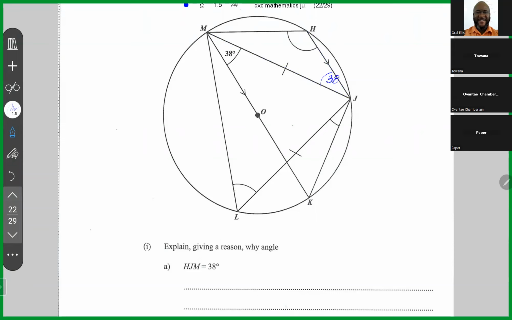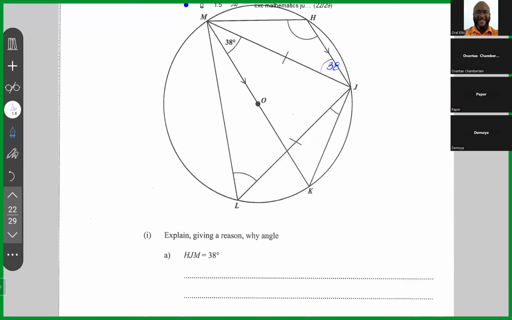And if you can see the parallel lines, then you can see that angle HJM is equal to angle JMK because the two angles are what? Alternate angles.